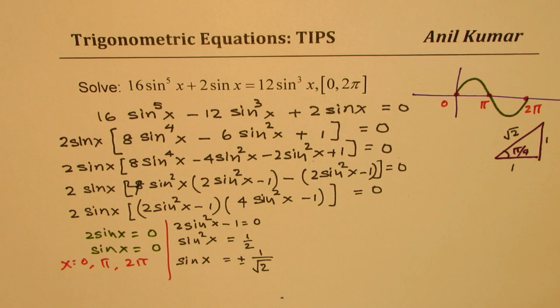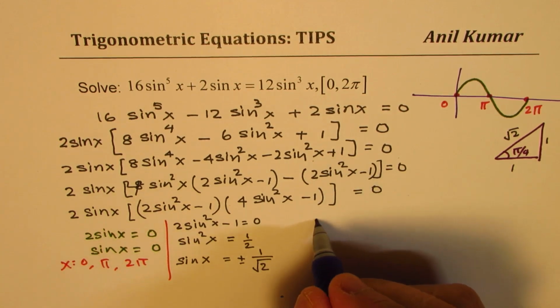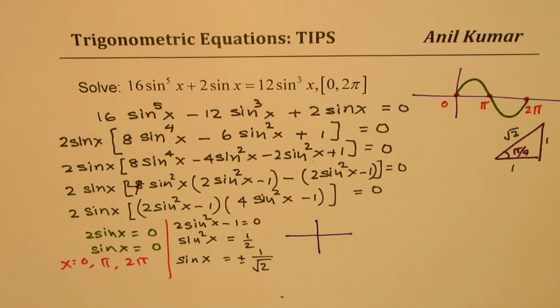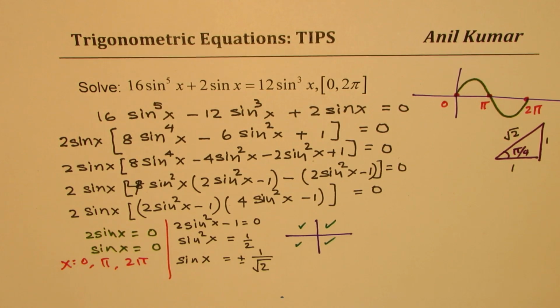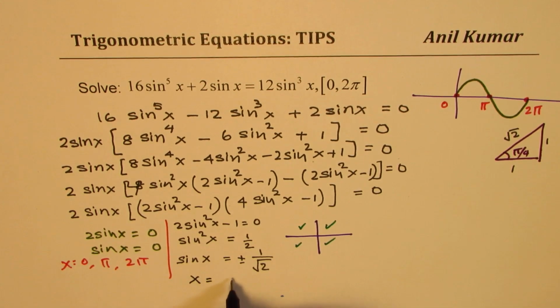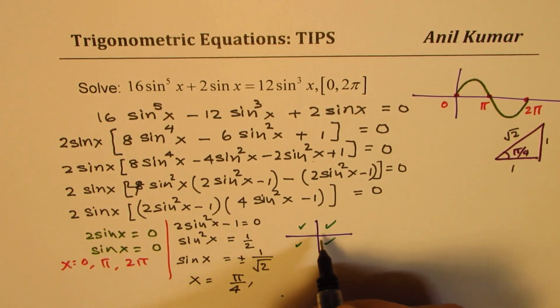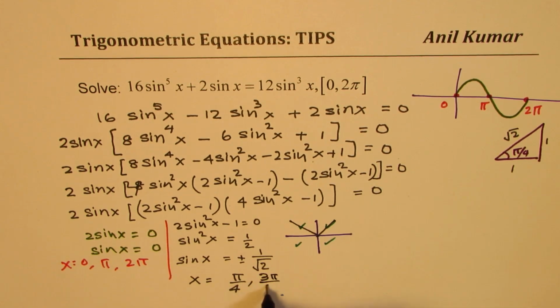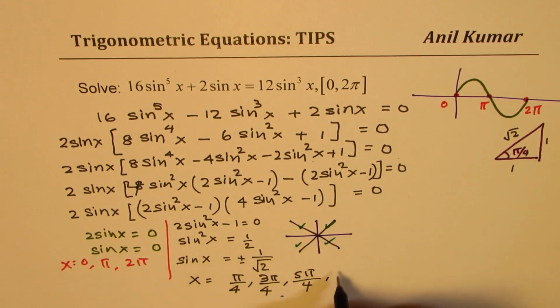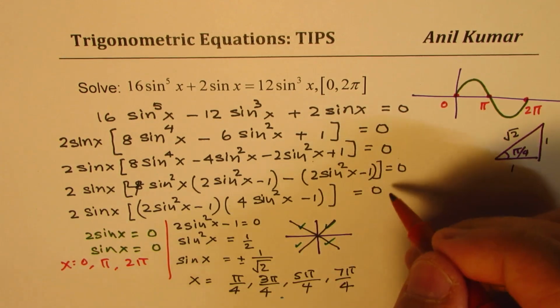Since we are talking about plus and minus, that means we have 4 solutions, right? So we have solutions in all the 4 quadrants for acute angle pi by 4. So what you find here is 4 different solutions, and that gives you x equals pi by 4, then we have 3 pi by 4, 5 pi by 4, and 7 pi by 4. Clear? Okay.